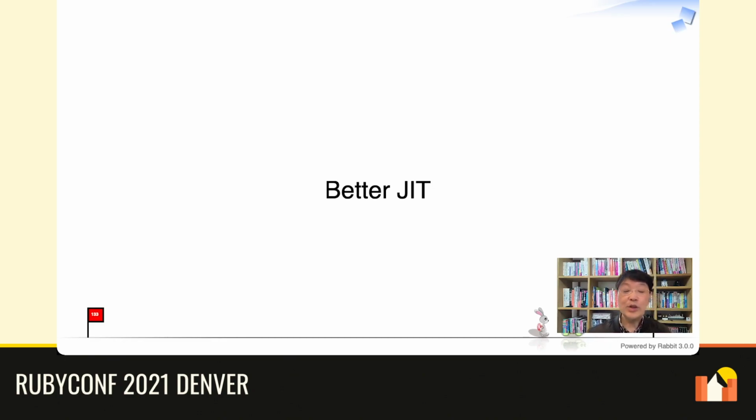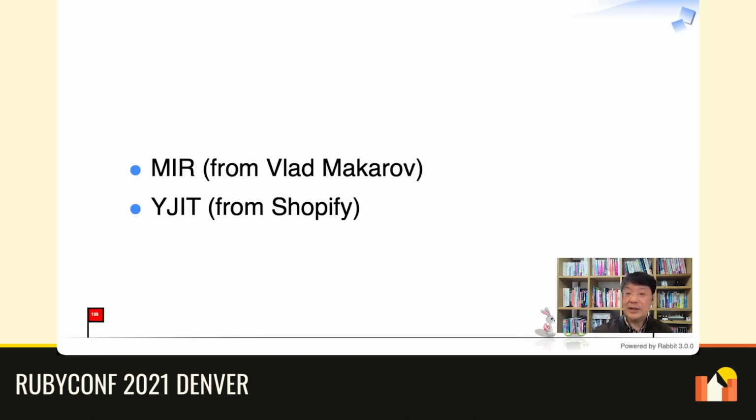We are going to improve the JIT compiler. Probably we are going to add some kind of lightweight JIT. The original author of the MJIT, Vladimir Makarov, provided some technology named MIR, and the Shopify team provided YJIT.